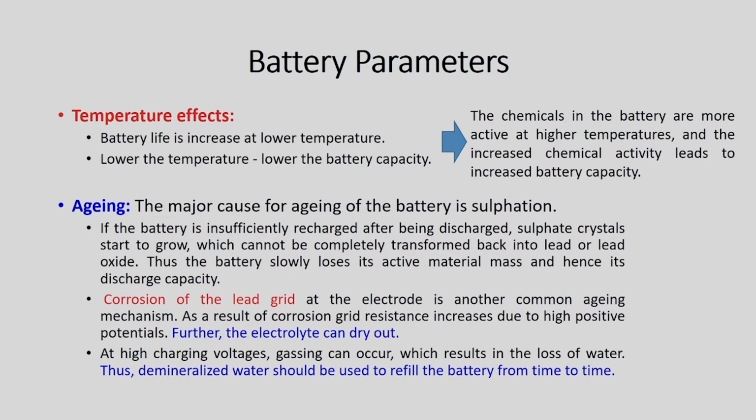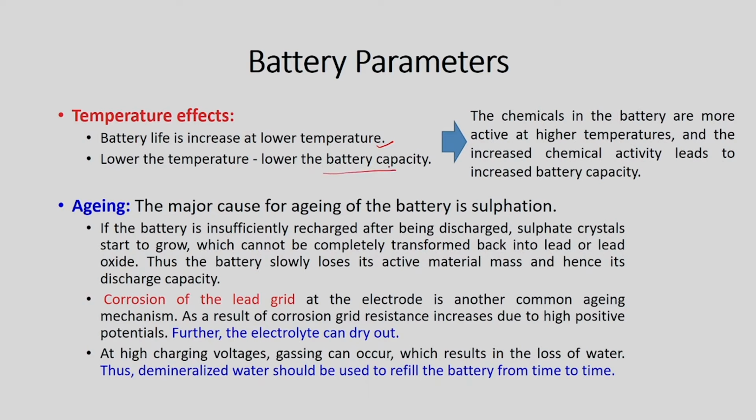And how does temperature affect the battery life? Battery life is increased at lower temperature. If you can keep it at low temperature or room temperature, then battery life is expected to be higher, and the lower the temperature, the lower the battery capacity again.